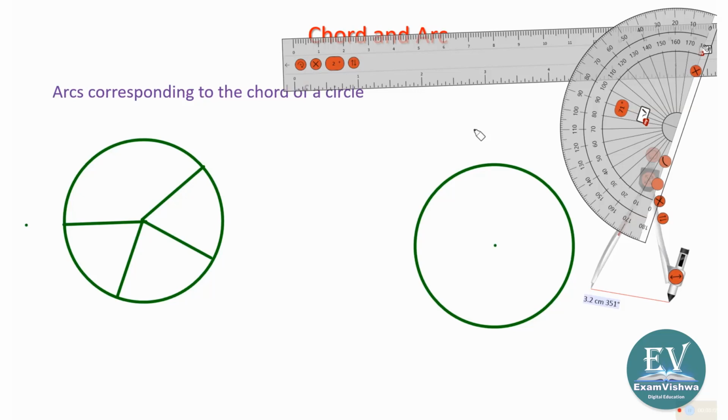Let the center be O, and let this be D. Let this be A, B, C, D, and for my convenience let this be X, so that AXB will be an arc.